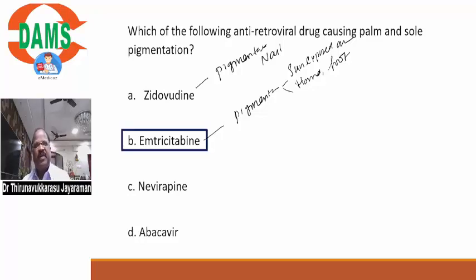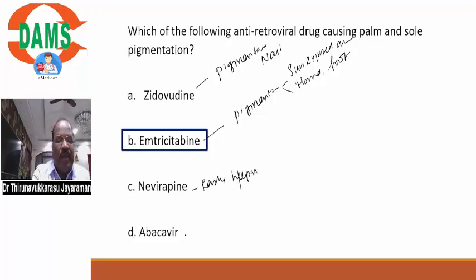This is typically given in Goodman and Gilman: zidovudine causes nail pigmentation, emtricitabine causes pigmentation of sun-exposed areas like the face, periphery of the hands and periphery of the foot. Nevirapine causes mainly skin rashes and also hepatotoxicity.